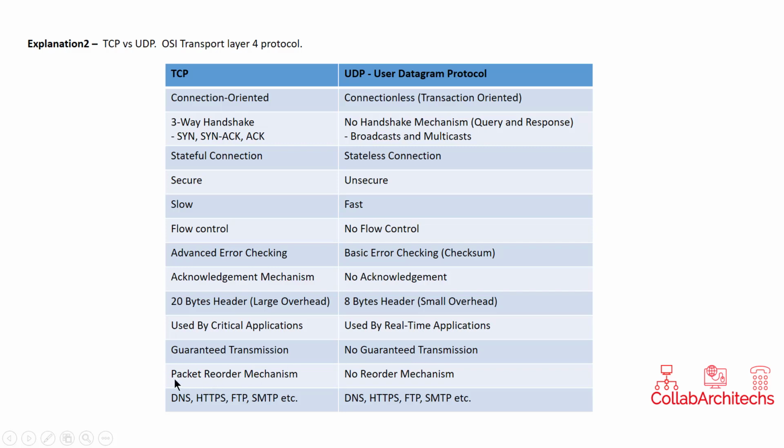In TCP, there is a packet reorder mechanism, but in UDP there is no reorder mechanism, meaning if the packet is lost, it's lost. And TCP supports DNS, HTTPS, FTP, SMTP, and similarly UDP supports DNS, HTTPS, FTP, SMTP, etc.